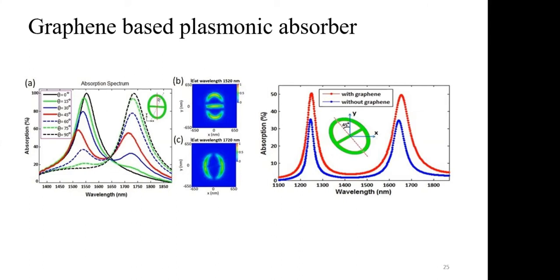We have to design the structure based on that frequency. Maybe we couldn't use this material, but the structure, this elliptical shape, can be used, and the idea can be the same.